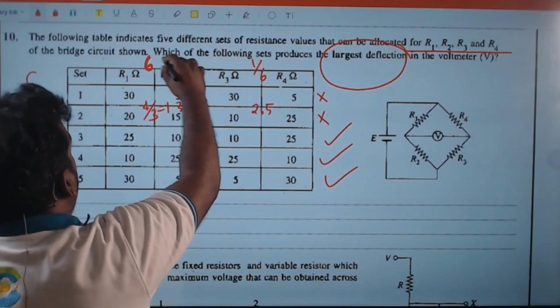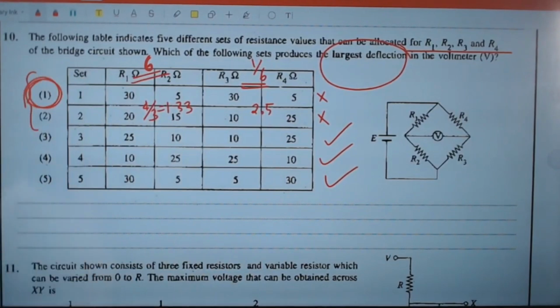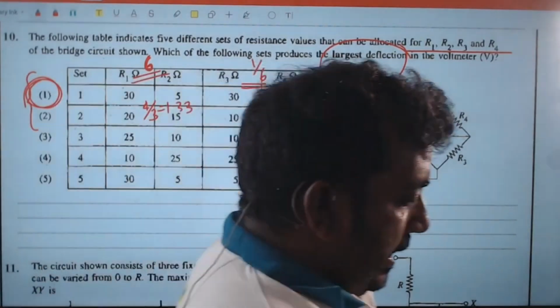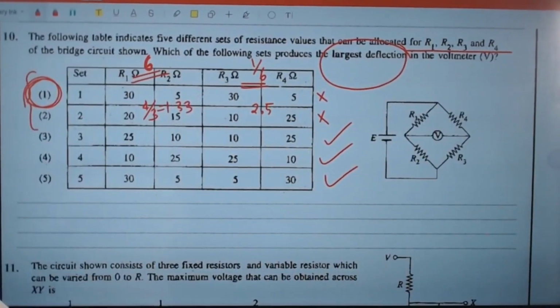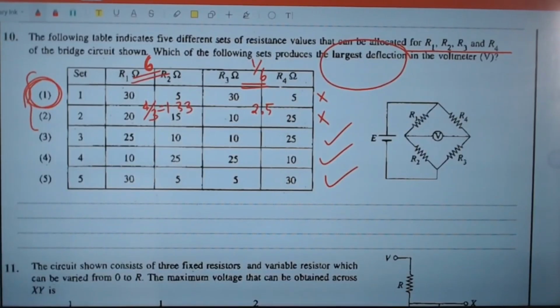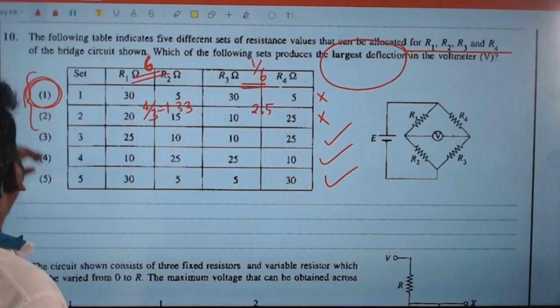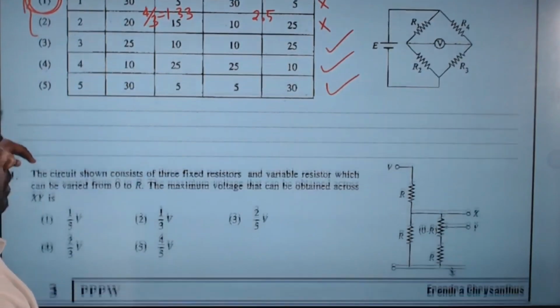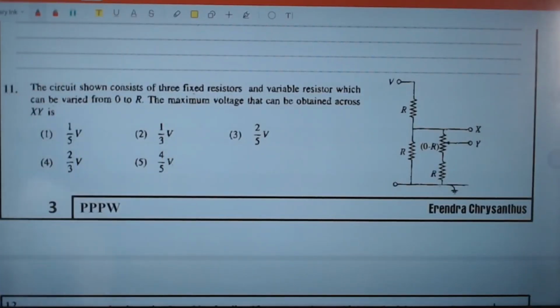The biggest ratio difference is here, so that means the biggest voltage difference is also there. The biggest ratio difference occurs in answer number 1. Therefore, the biggest voltage difference will also be in answer number 1.